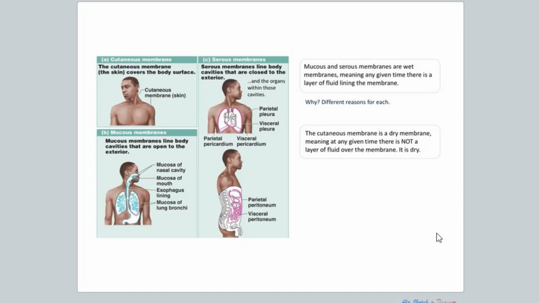Now, something I want to point out here is that the cutaneous membrane is considered a dry membrane. And what that means is that at any given time, this membrane is dry. There's not going to be a layer of fluid over the top of it. Now, there are instances where you have sweat and oil on the top of it, but it's not a true layer of fluid that's there at all times.